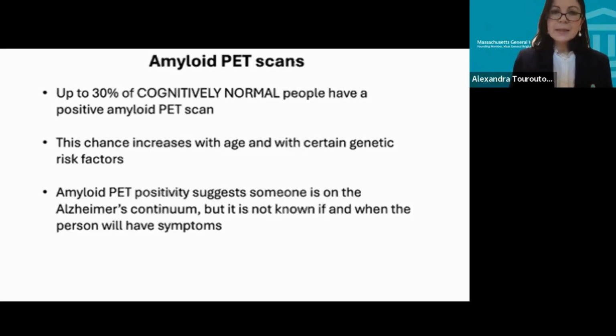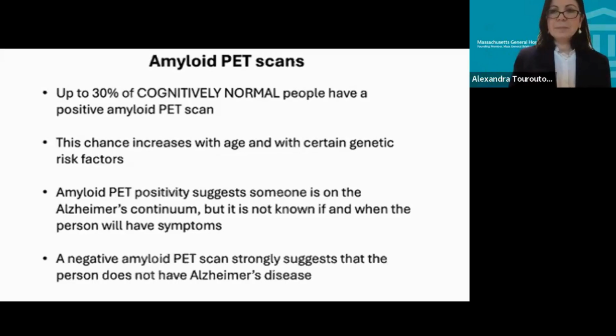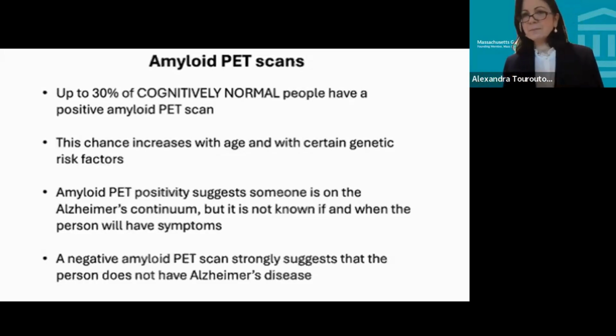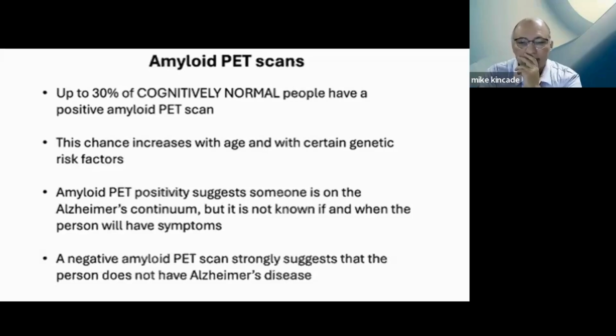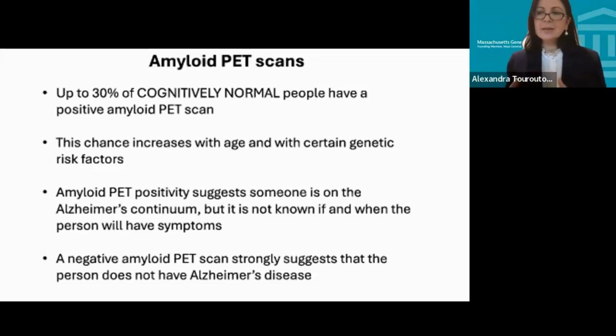On the other hand, if an amyloid PET scan is negative, this strongly suggests that the person does not have Alzheimer's disease. If a person has an amyloid positive PET scan and has memory symptoms and all these other symptoms that are associated with dementia, then this is Alzheimer's disease type of dementia.